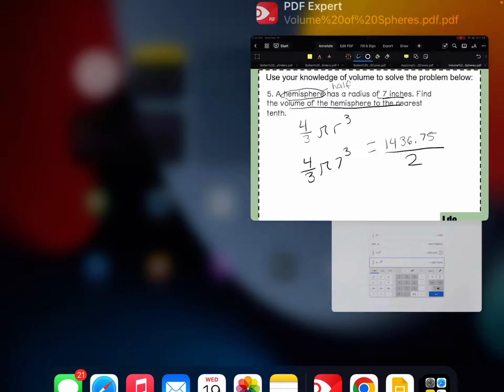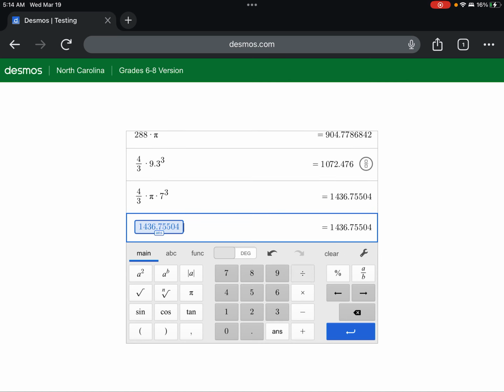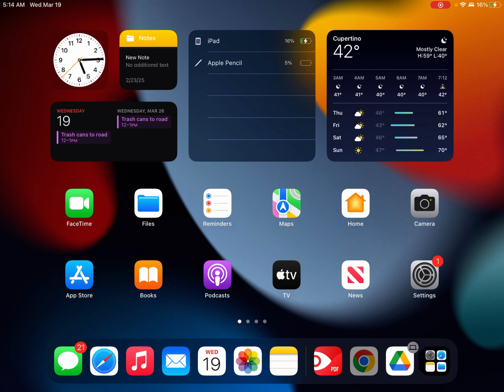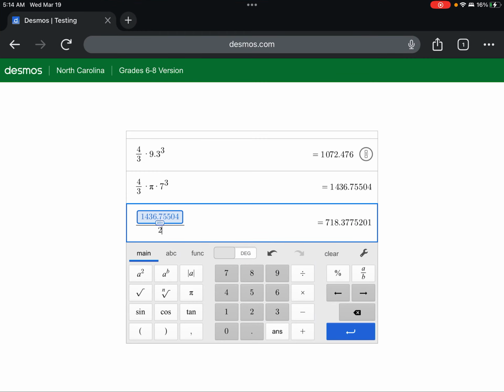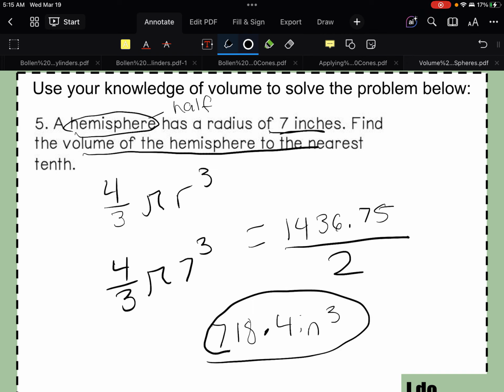So we hit enter, we hit answer to recall, and divide that by 2, and we get 718.38, or actually 718.4 inches cubed is our final answer there.